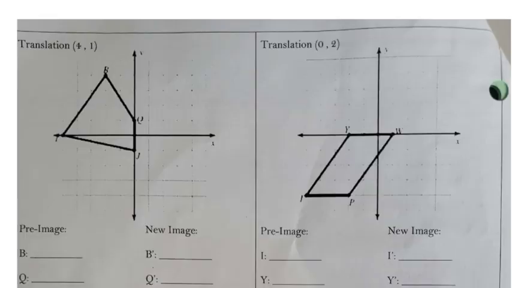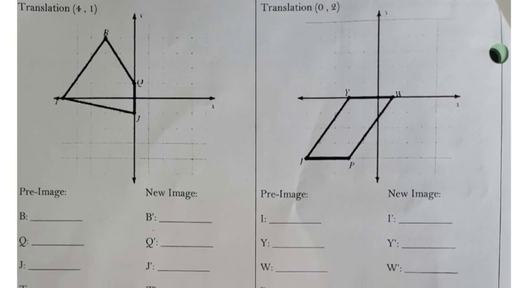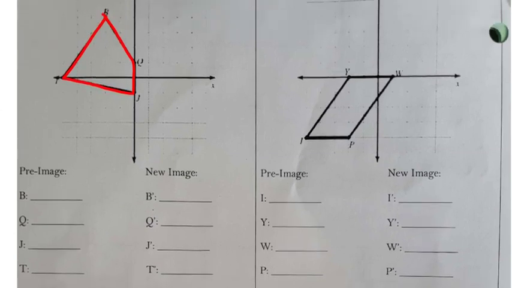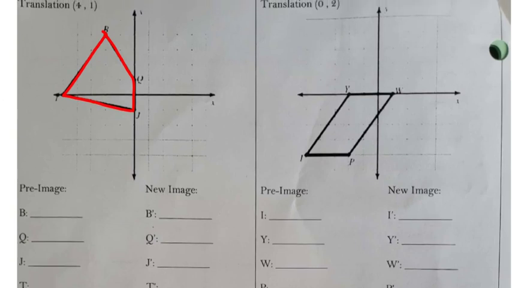Okay, so translation. We're going to move this shape. It's hard to tell, this part of the shape is actually on the line, so I'm going to highlight over it. So it's right here. Okay, what we're going to do is write the points for the original one first. So B. It's hard to see on here, but that's negative 2, 1, 2, 3, 4.